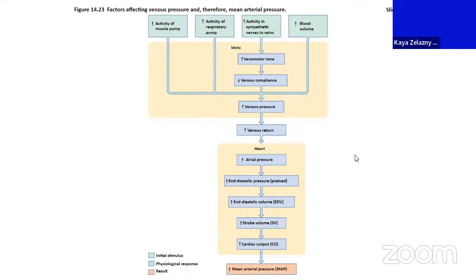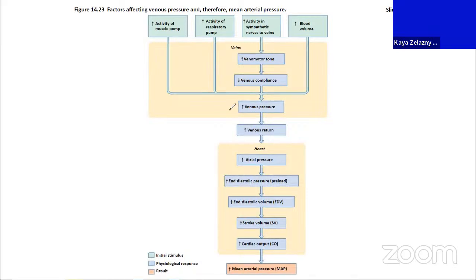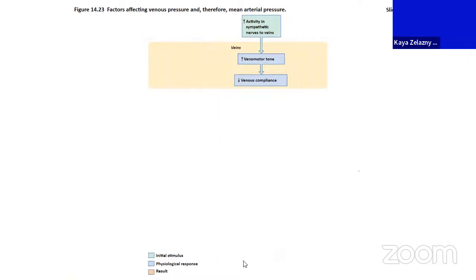Okay, so we're going to walk through a flow chart of all the various things relating to our veins that are ultimately going to have an effect on our mean arterial pressure, so our weighted average blood pressure. So let's start out at the top. We're actually going to start by thinking about the sympathetic nerves, right?